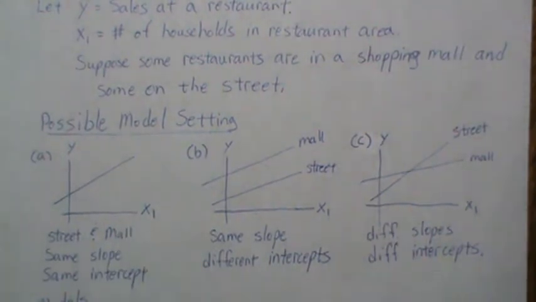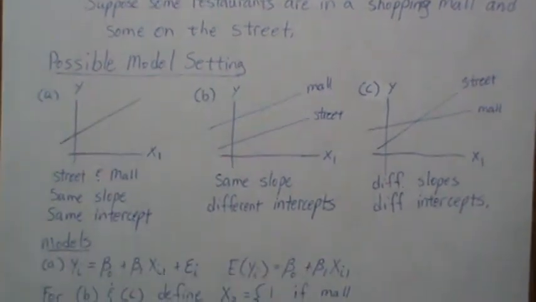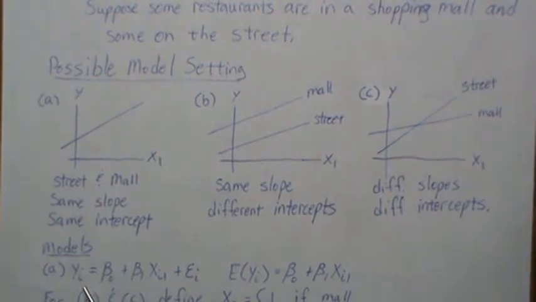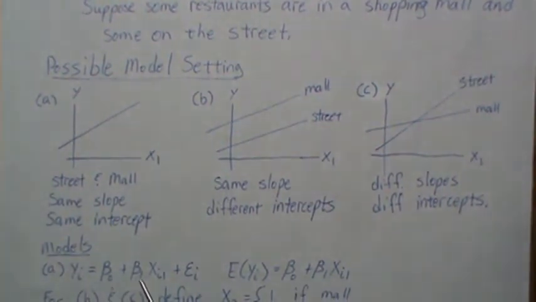And so we want to build models for each of these three scenarios. So model A, we're going to let Y equal beta 0 plus beta 1 x1 plus epsilon, our error. So here we're not factoring in location, whether the restaurant's in a mall or a street. We're just putting them all together.